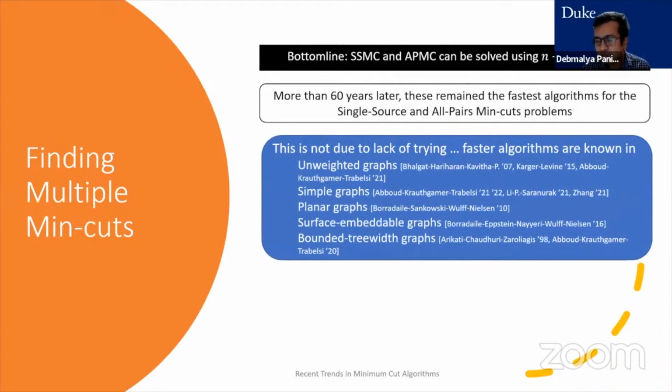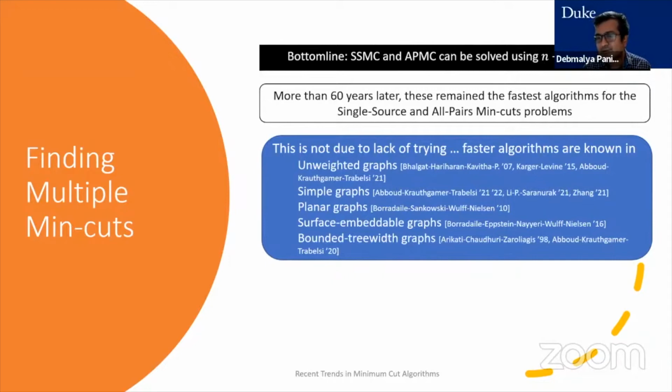Faster algorithms were known in pretty much every class of graphs you might be interested in. I've just listed a few of them here, but there are other results that I haven't listed. For instance, if you restricted yourself to unweighted graphs, there are faster algorithms known: simple graphs, planar graphs, surface embeddable graphs, bounded tree width graphs, etc. For many different classes of graphs, we knew faster algorithms, including some work I did many years back, but nothing was known in the general case.